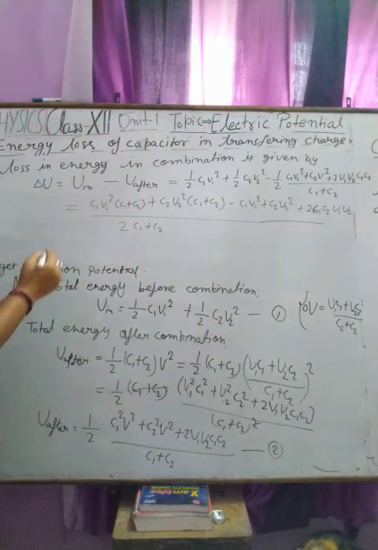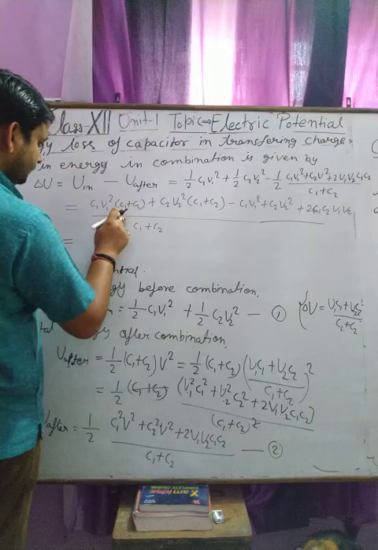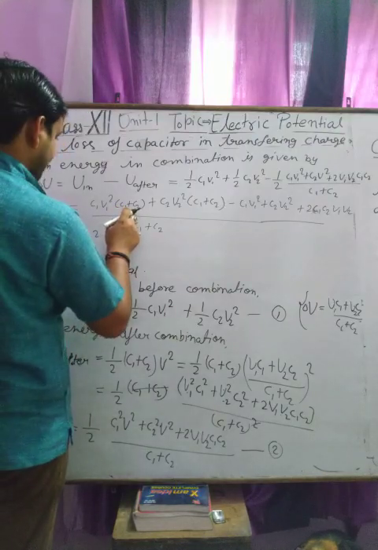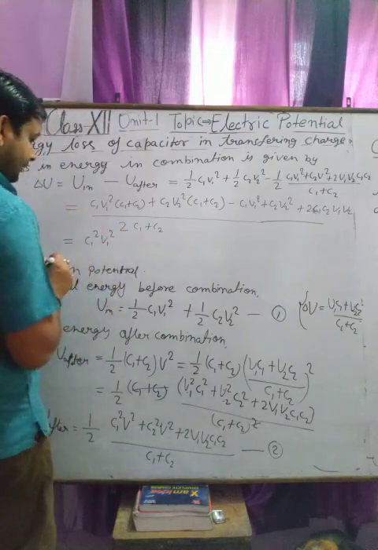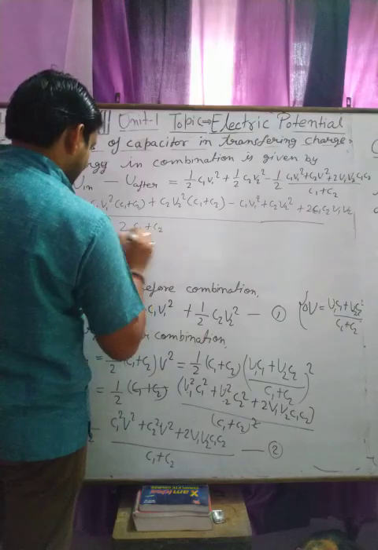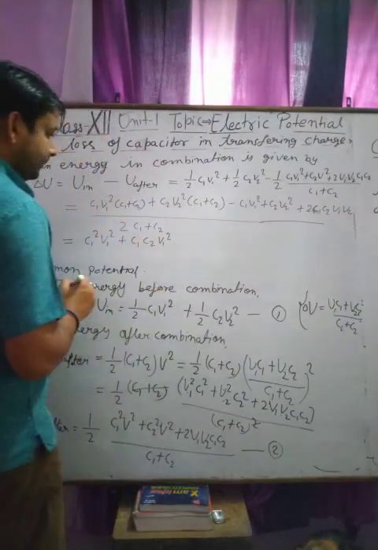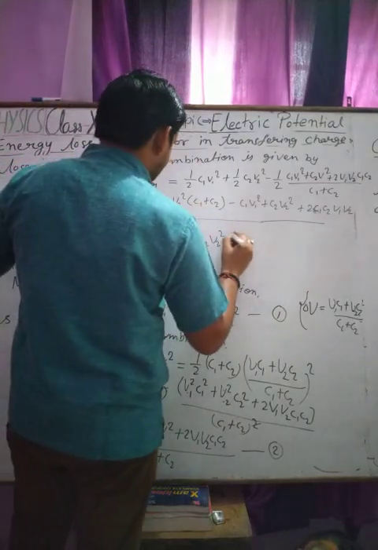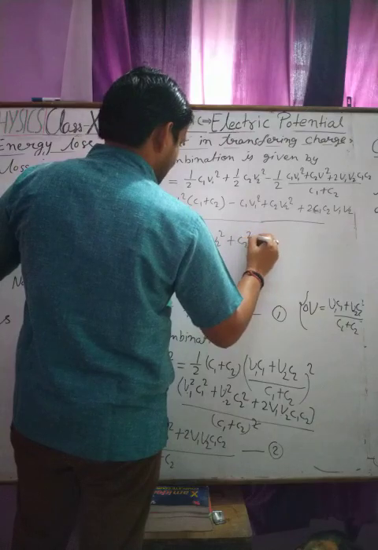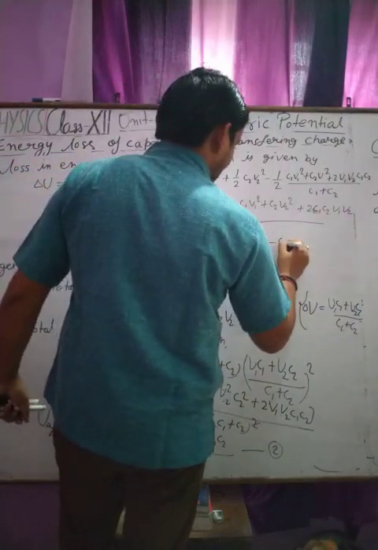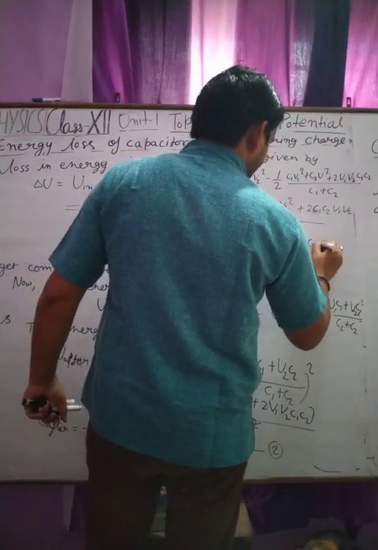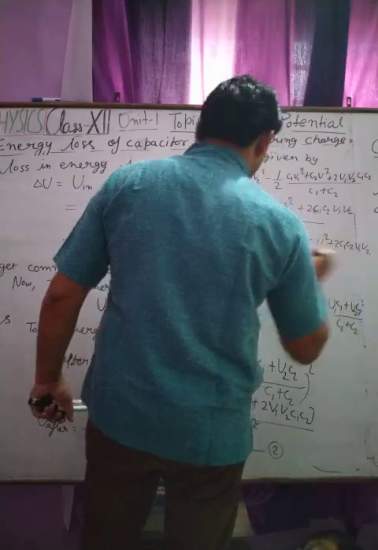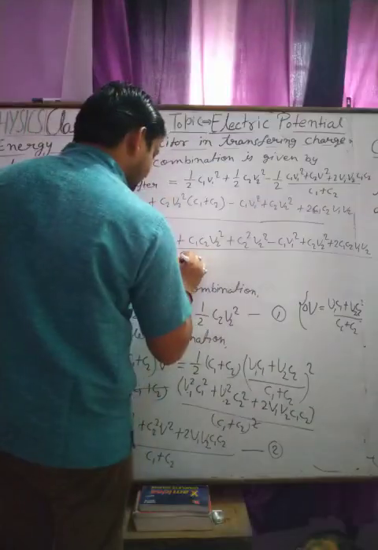Okay, by multiplying we get C1 square V1 square plus C1 C2 V1 square plus C1 C2 V2 square plus C2 square V2 square and minus C1 square V1 square minus C2 square V2 square minus 2 C1 C2 V1 V2, and in denominator C1 plus C2.